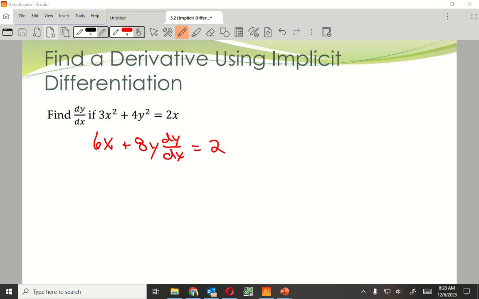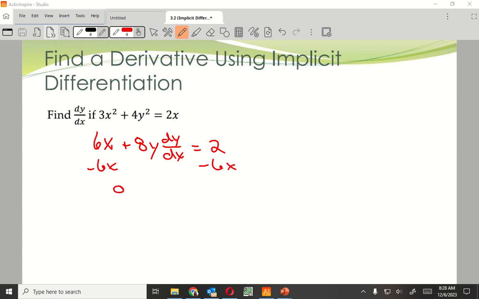And now the next thing that we would do is get the dy dx by itself. So, a little bit of algebra. What am I going to do to that 6x? Subtract it from both sides, so minus 6x.